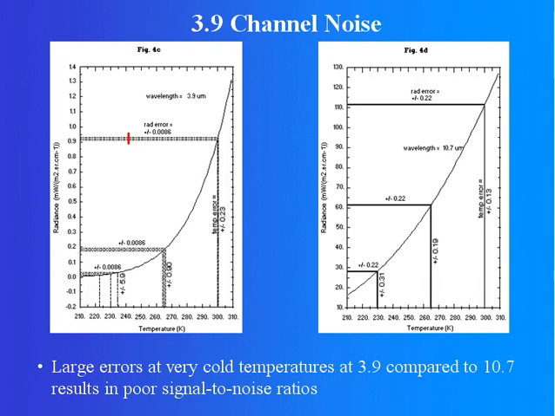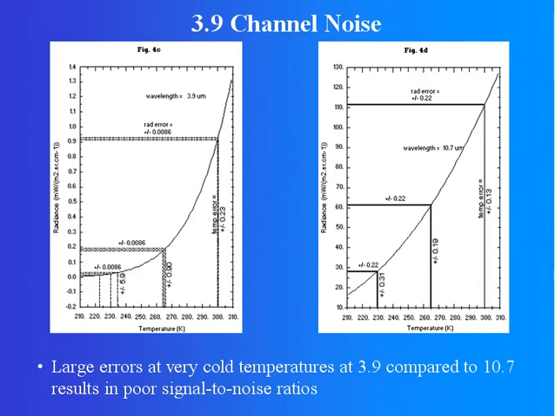If you take that estimate at 300 Kelvin, it's actually quite low. It's only about plus or minus 0.2 degrees Celsius or Kelvin. But if you go down here to the bottom, you can see at much colder temperatures, just a small error in the radiance results in a very big error in the temperature, on the order of maybe 6 degrees Kelvin. And that's why you often have this noise problem. It's basically because this Planck curve becomes quite flat here at very cold temperatures.